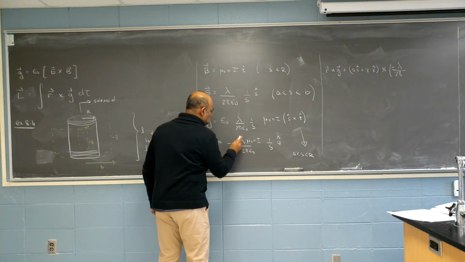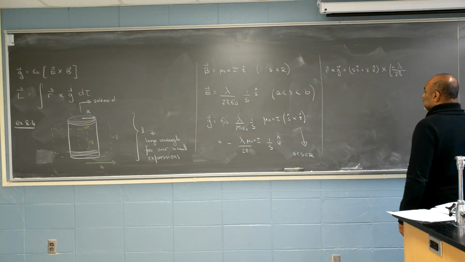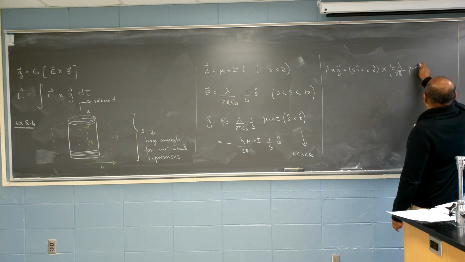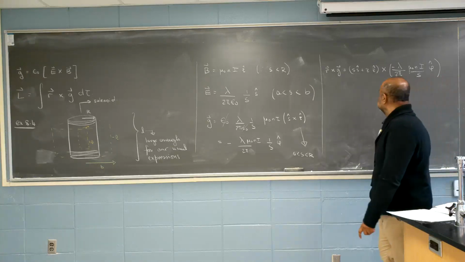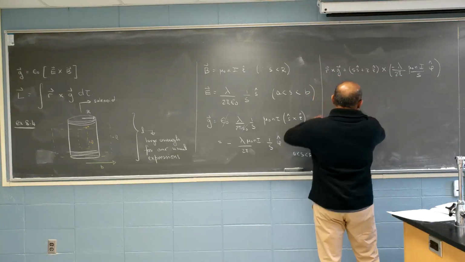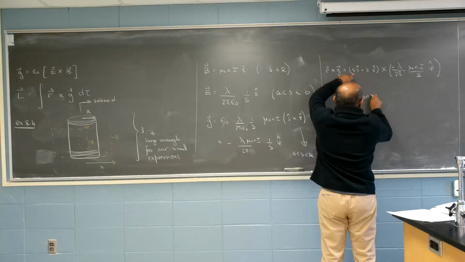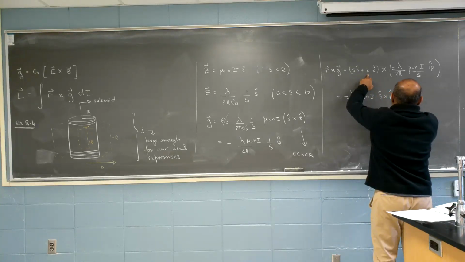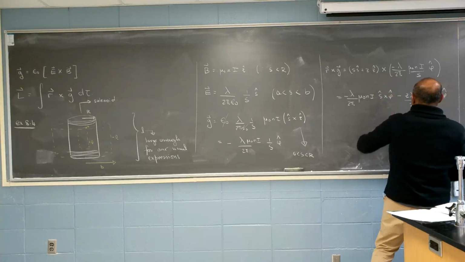The epsilon naughts would cancel. So first of all, I get lambda over 2 pi mu 0 n I, s hat cross phi hat, minus z lambda mu 0 n I over 2 pi s, z hat cross phi hat.